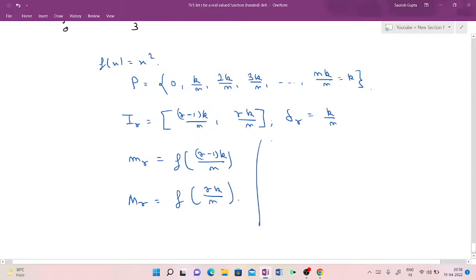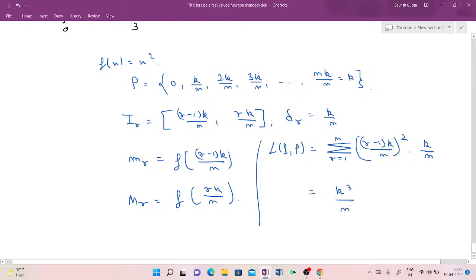Okay, so you can find the LFP. LFP must come out as summation r equals 1 to n of (r minus 1) times (k upon n) whole square times k upon n, right? So what you can do here is that k square and n square, this is k cube by n cube.